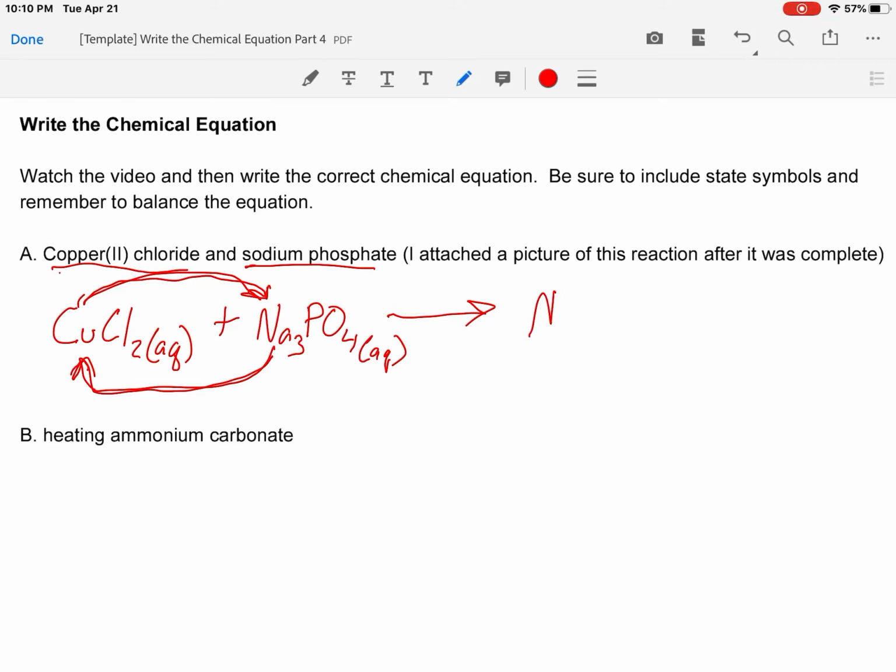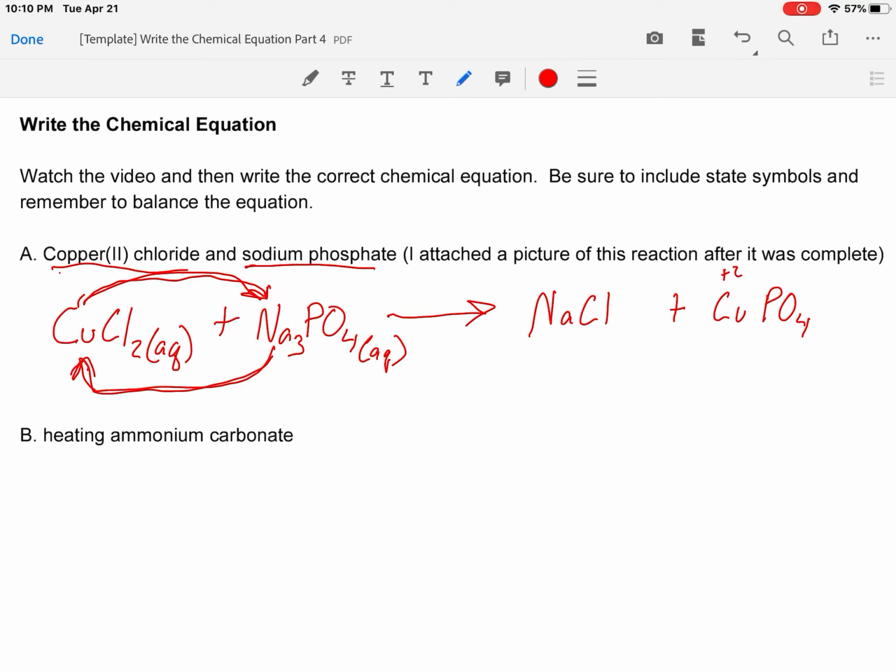The sodium, as I said, is now with the chloride. Sodium +1, chloride ion, -1. And then the copper 2 is with the phosphate. The copper 2 means a +2 charge.